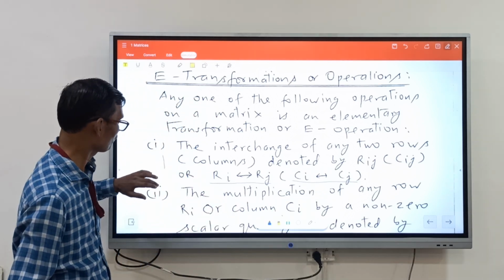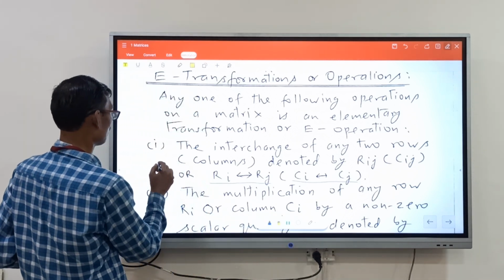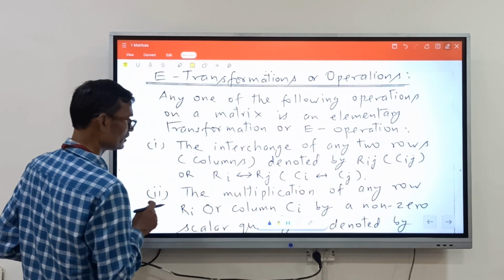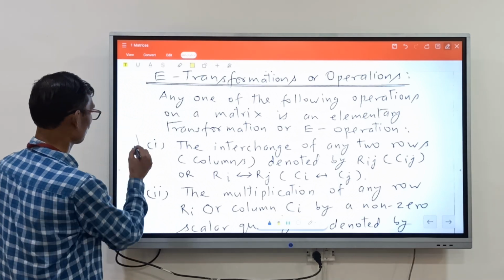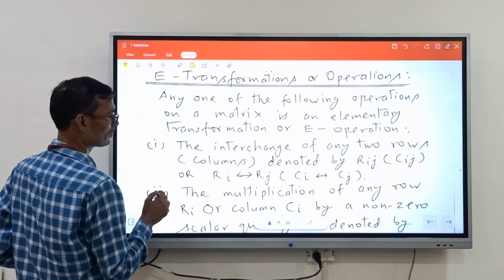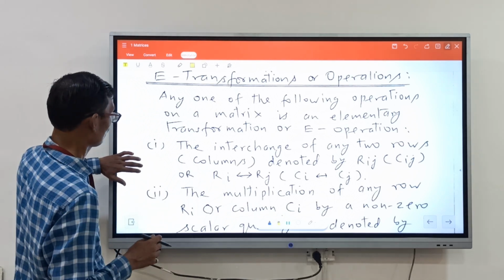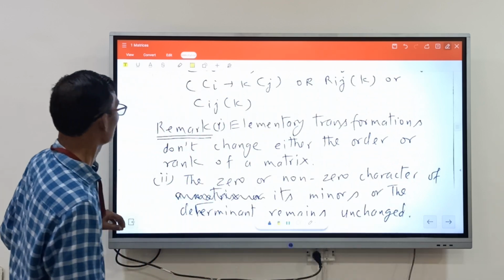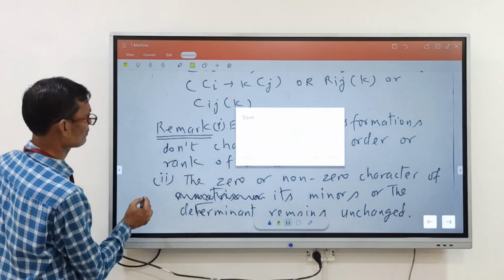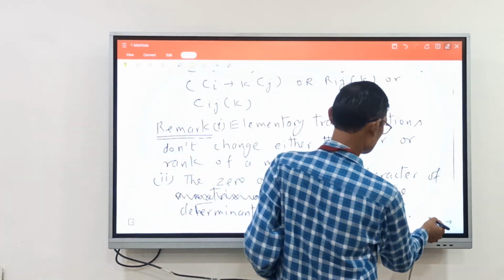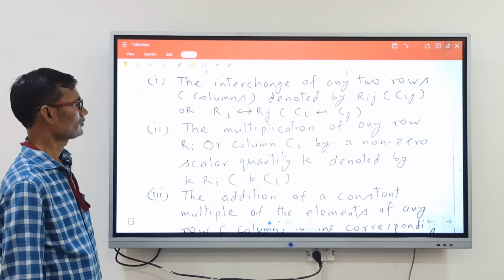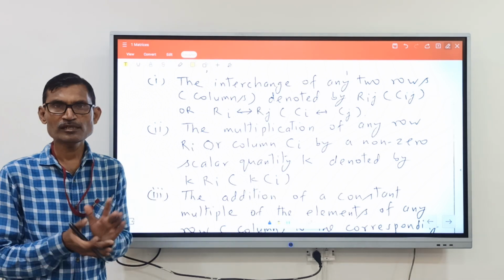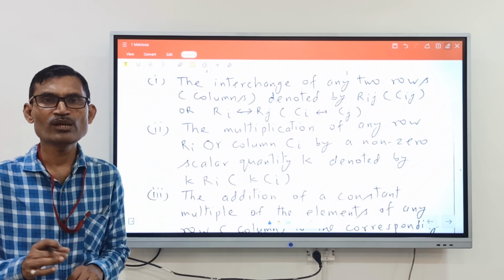Now the second step says that we can multiply any row or any column by a non-zero scalar quantity.